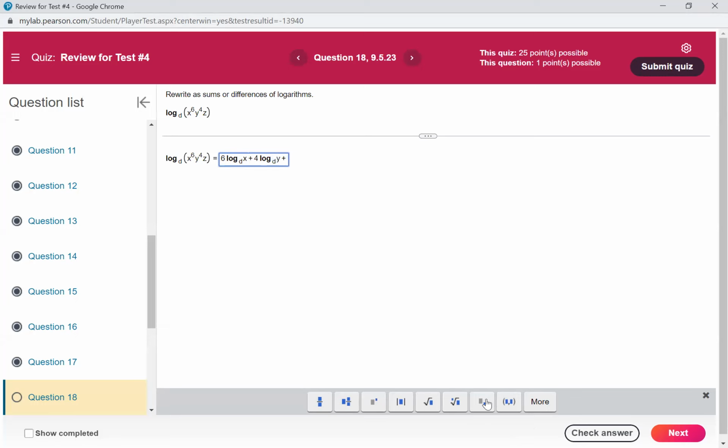Then I had a plus log, put in my base of D, arrow right, and put in my z. So you had 3 factors in there. You got to have 3 logs on that, okay?